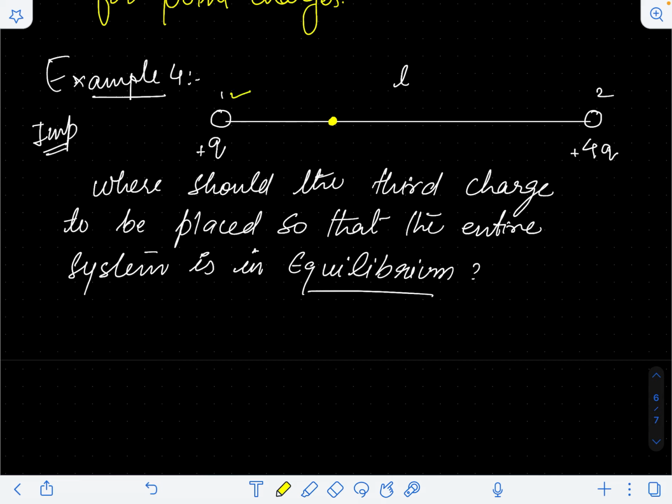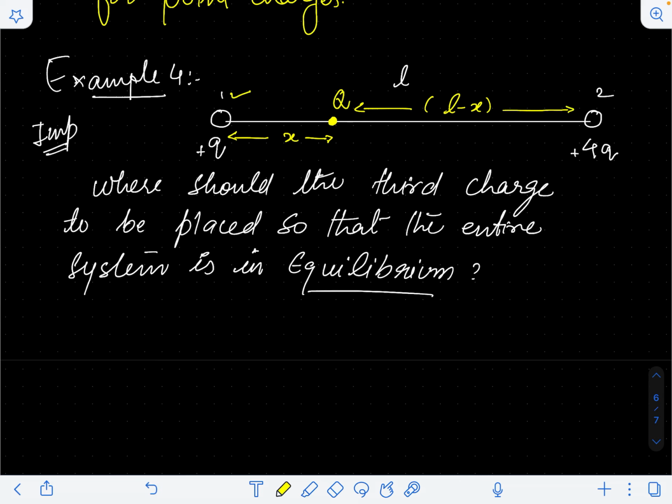Here the first charge, with magnitude q, has smaller magnitude, so we will place this third charge capital Q near it. Let's say the distance between them is x, so the remaining distance becomes L minus x.